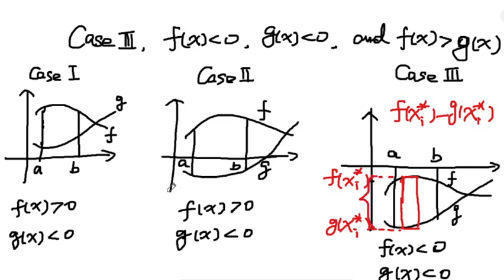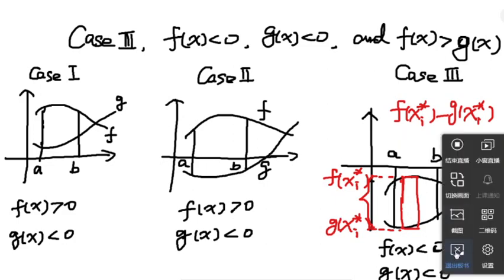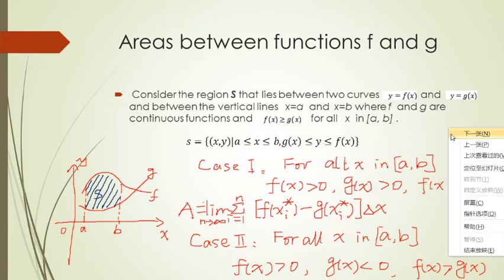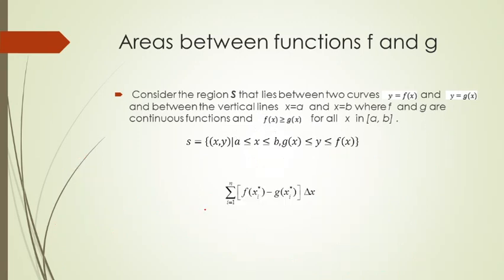So no matter which case we analyze, it's always f(xi) minus g(xi) if function f is greater than g. So that is the sum of n approximating rectangles.